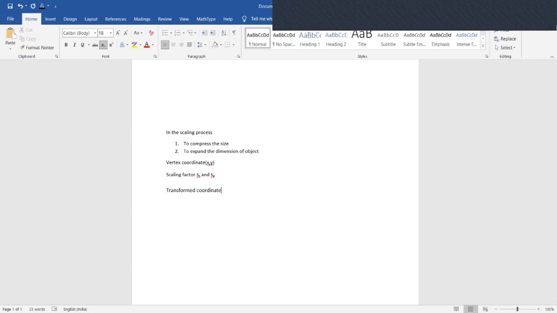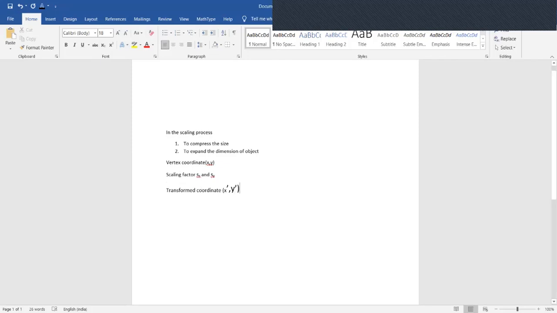The transformed coordinate will be termed as x dash and y dash.